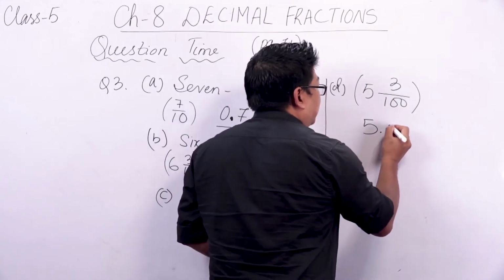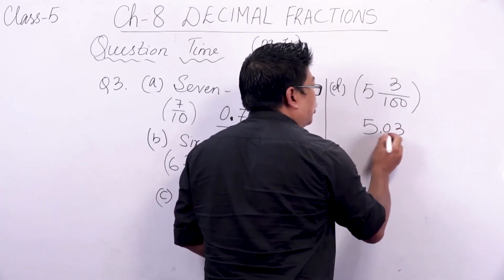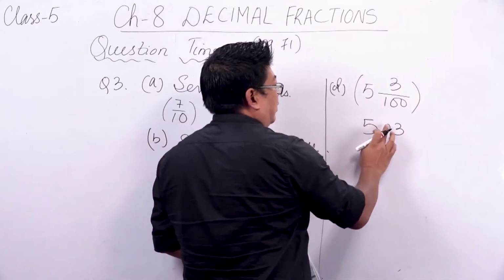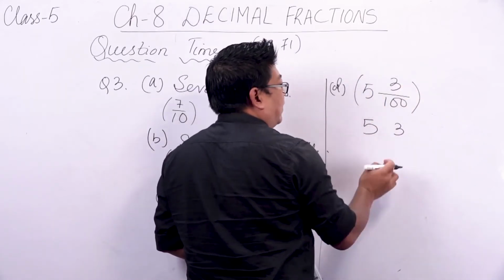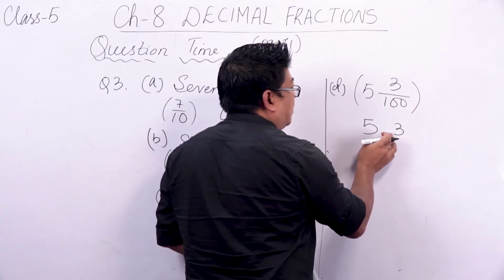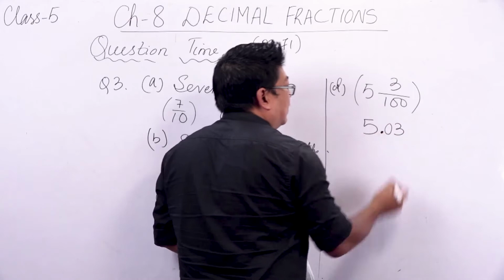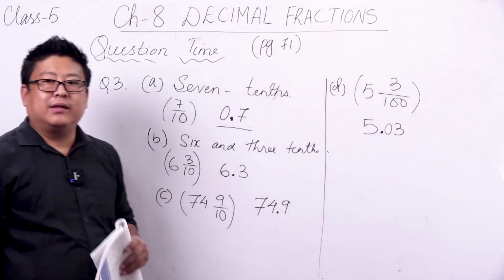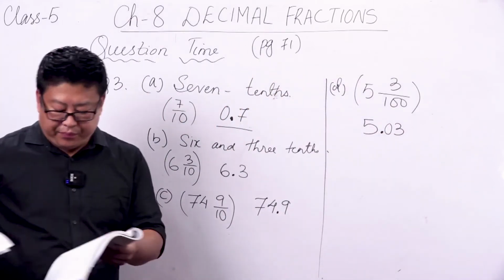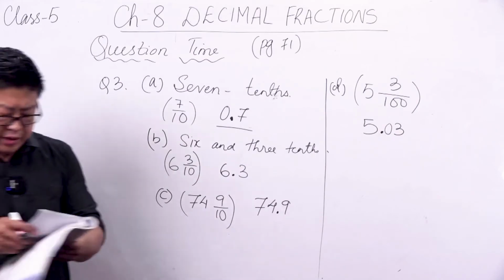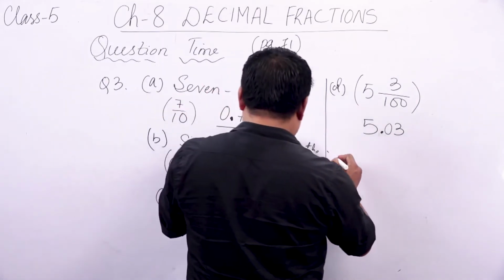So 0.03. It should be 2 places. Okay? 3, you first write 3, all right? And then 2 zeros, so 1, 2. There's no number here, so I put 0 and it becomes 5.03. All right, children? So this is about question number 3.